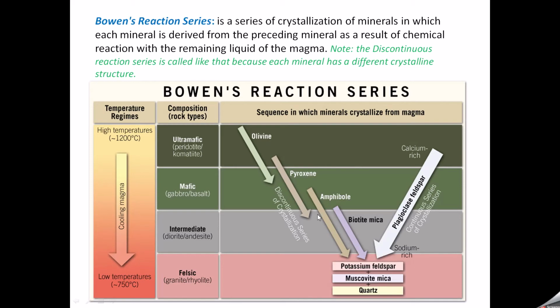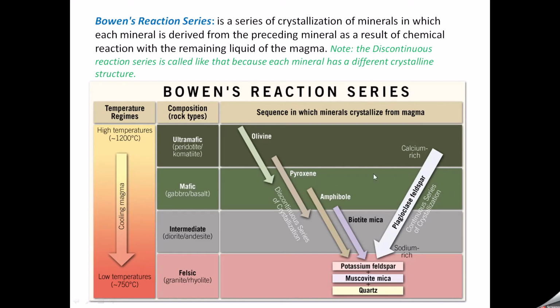Why do we call it the discontinuous series? Because each mineral has a different crystalline structure. Olivine has a different crystalline structure than pyroxene, then amphibole, then biotite. But in the continuous series, calcium-rich feldspar and sodium-rich feldspar have the same crystalline structure, just different minerals.